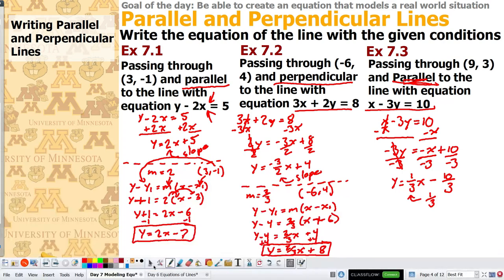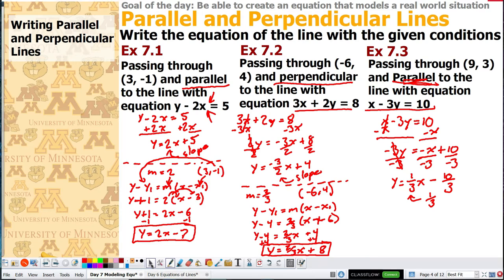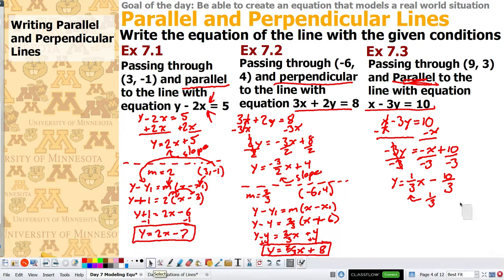Now, it looks like I'm running out of room here, so let me shrink everything up.